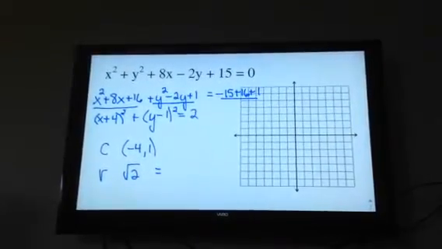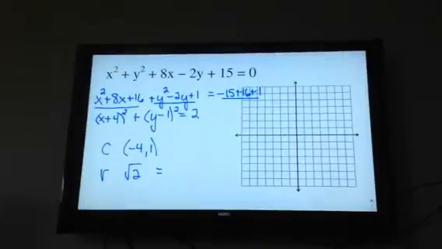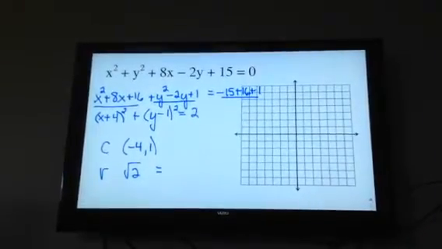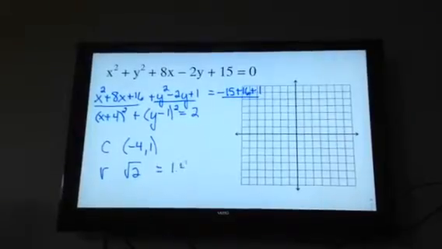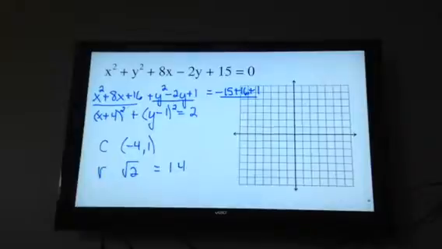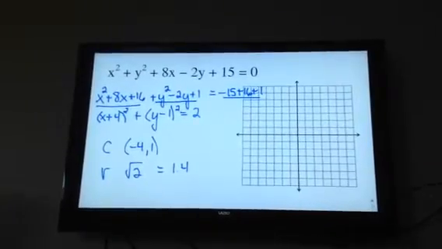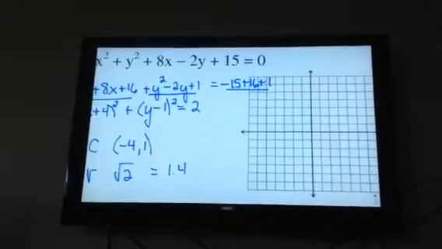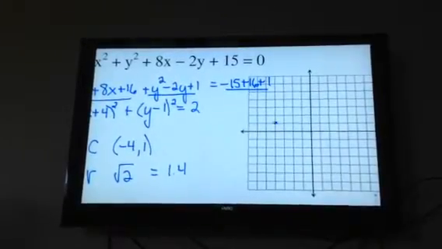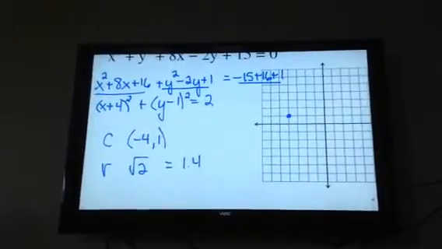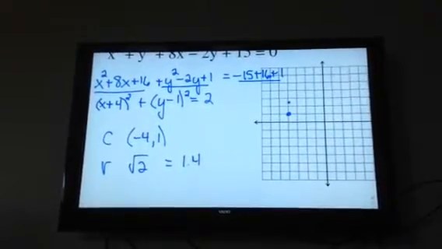I never remember that one. I think that's right. 1.4. I was thinking that was maybe too big. So about 1.4. So I have a center at -4, +1, and a radius of about 1.5.